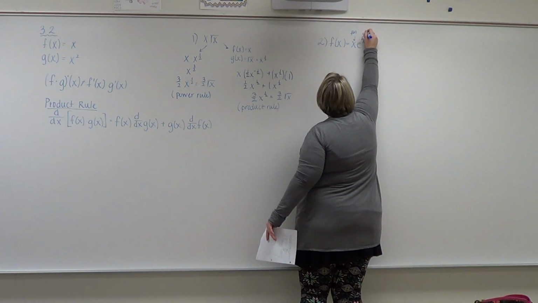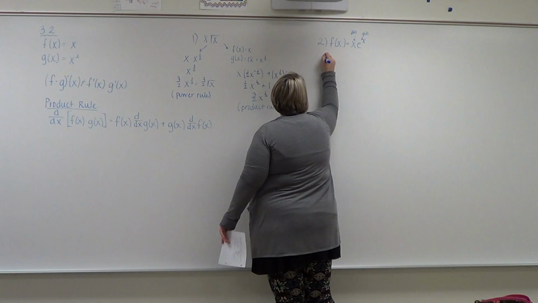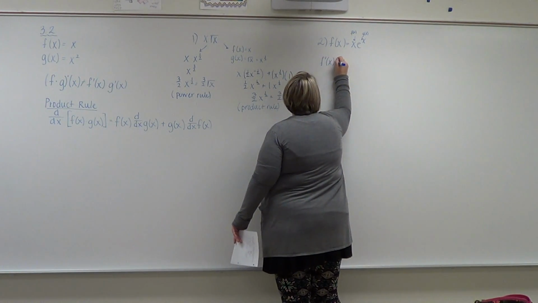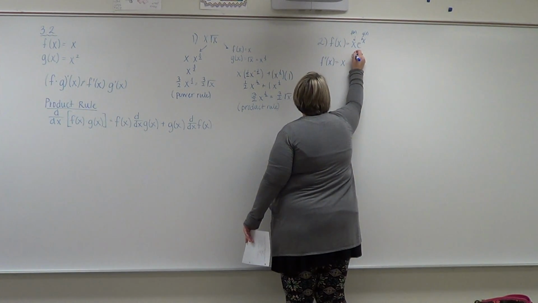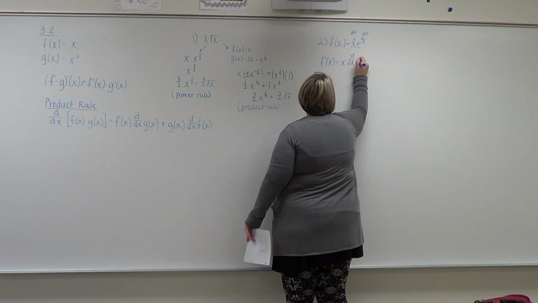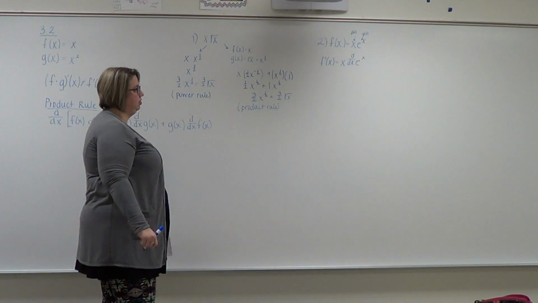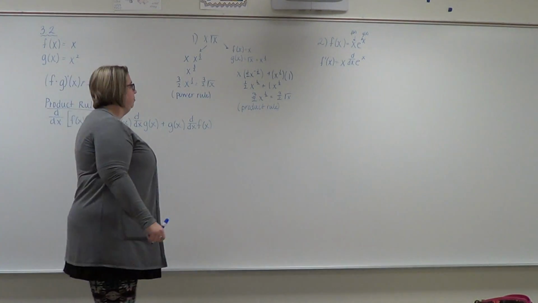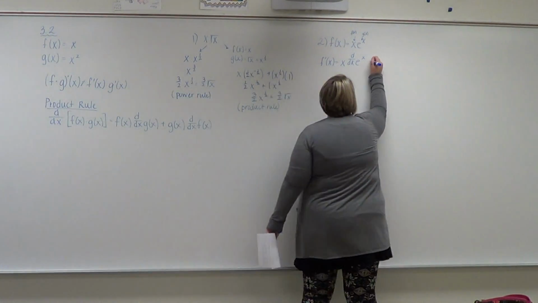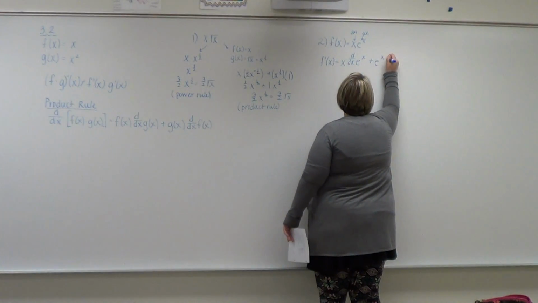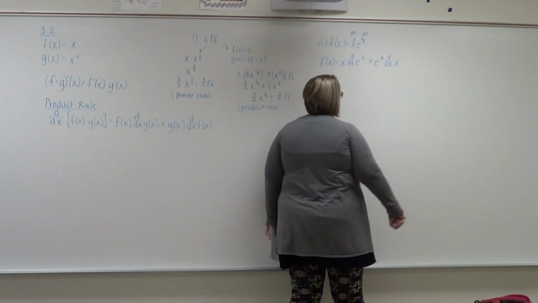That means if I want to find the derivative, that would be x times d dx of e to the x, because I want to do f of x times the derivative of g of x, plus g of x, which is e to the x, times the derivative of x.